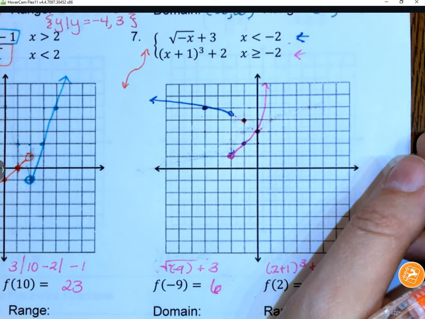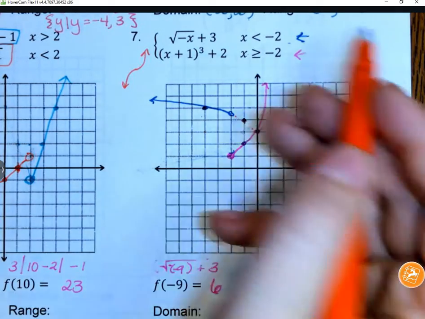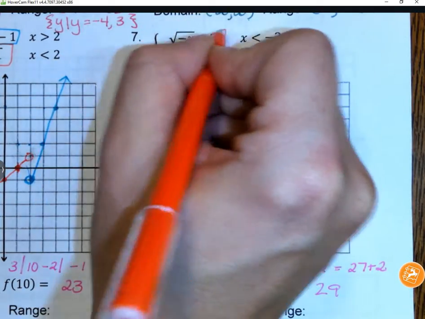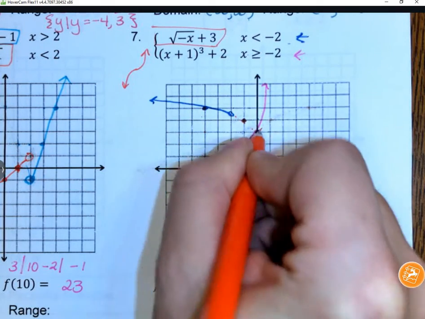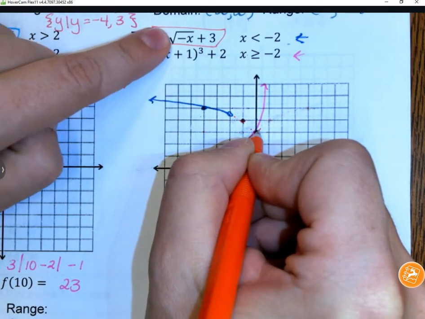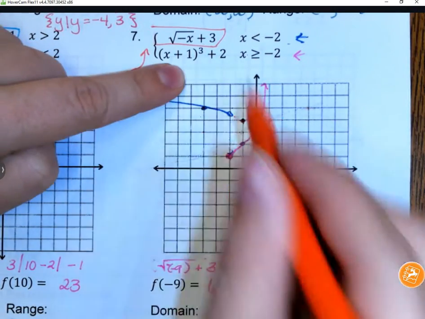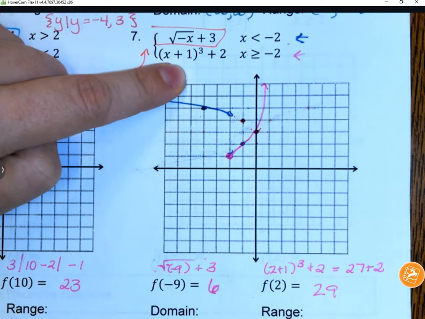Which one are you looking at? The pink one? Both of them. So for this guy here, I just started up 3. And then I did my square root function over this direction. For the cube root, it's kind of harder to see because between -1 and 1, it looks pretty much just like a line.